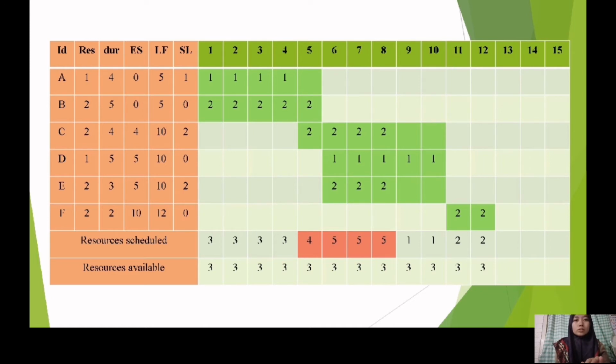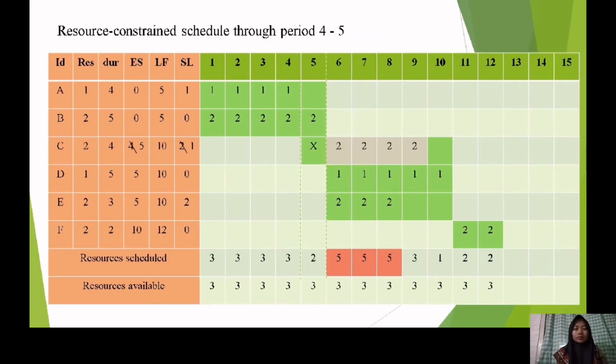So we should shift some of the resources in each day to another day, so the resource schedule doesn't exceed the resource available. Move to the next slide. Here is the resource constraint schedule through period 4 until 5, or the 5th day of the project.